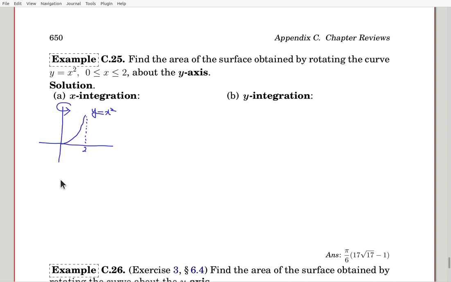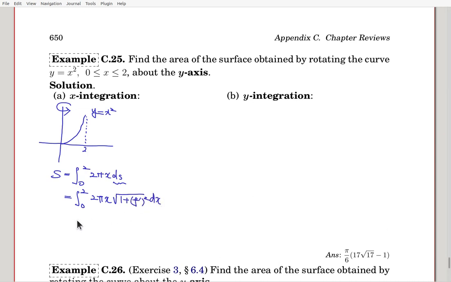For the surface area, in x integration, it will be from 0 to 2, and then 2 pi, radius is x, and ds. Right? So from 0 to 2, 2 pi x, and ds as a function of x is the square root of 1 plus f prime of x squared dx.